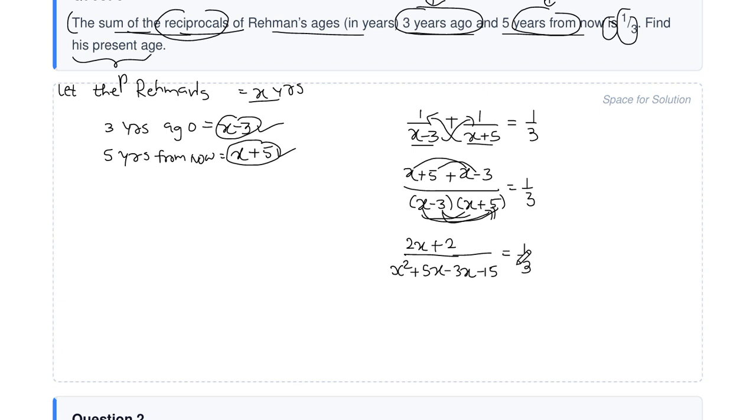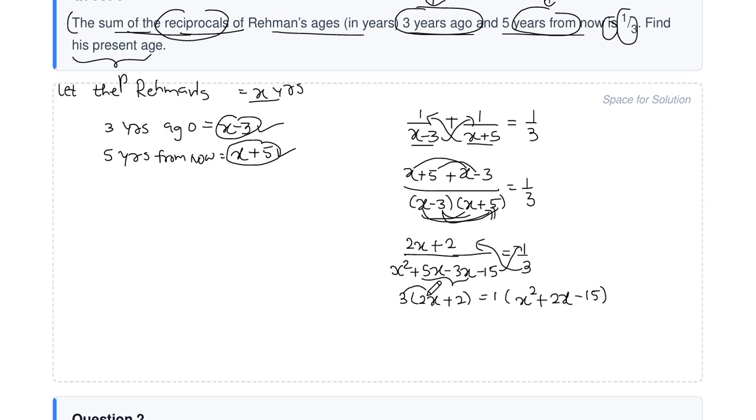Now we'll multiply one more time in the cross. This 3 we have to multiply here, and this full equation we have to multiply with 1. So 3 into 2x plus 2 is equal to 1 multiplied by x square plus 5x minus 3x, which is plus 2x minus 15.